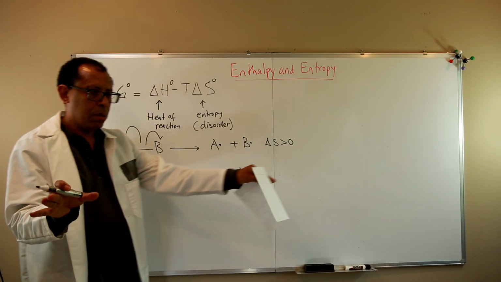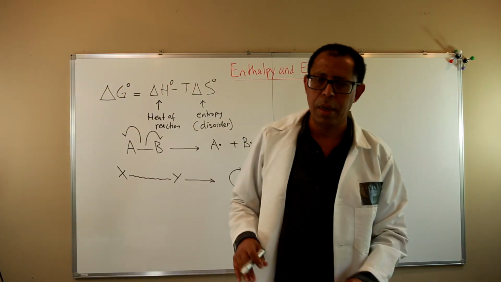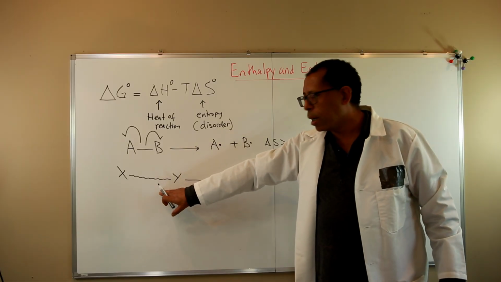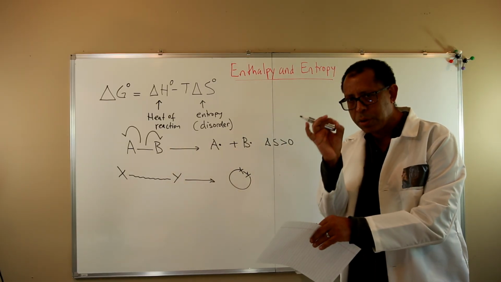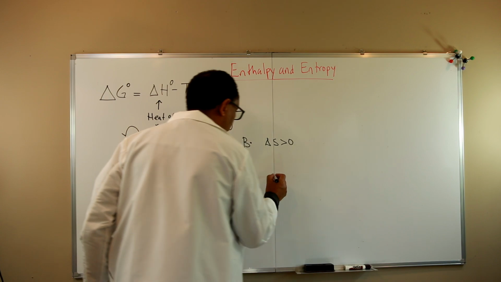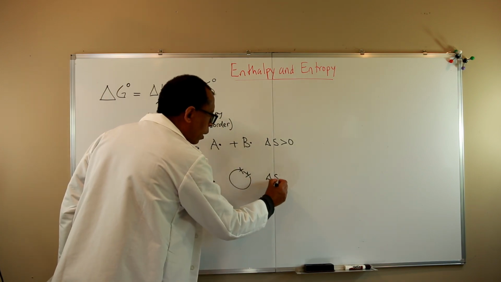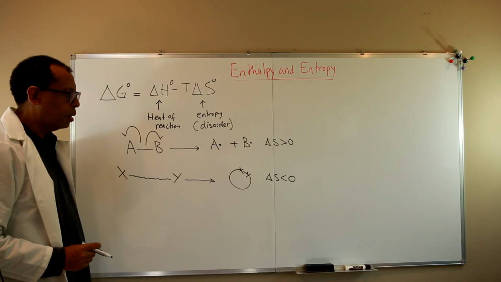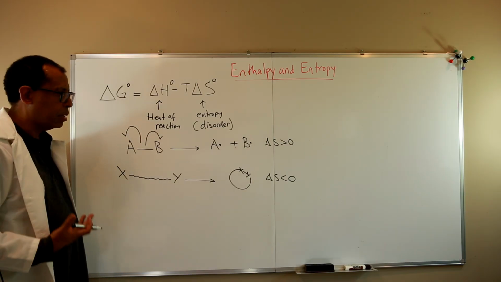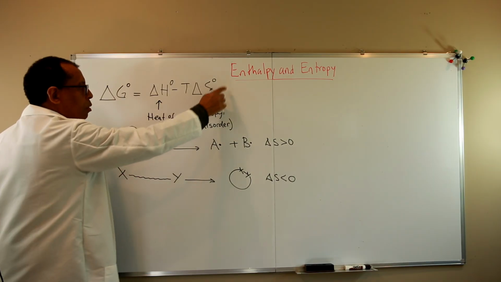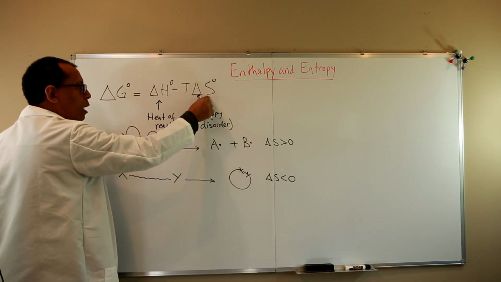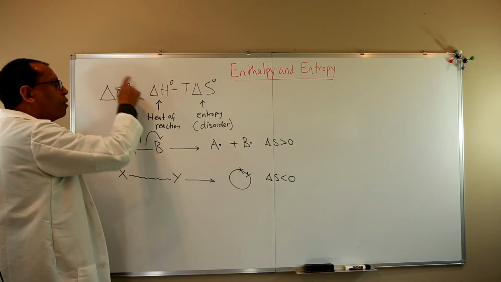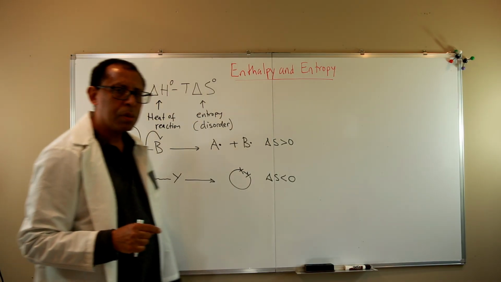Instead of the disorder of a very long spaghetti-like chain, it becomes like a small circle. You are now decreasing entropy. The disorder is being decreased. So decreasing entropy here means it becomes negative. Negative to negative is positive. Overall, the delta G is greater than 0.